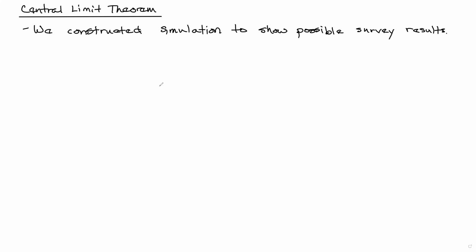And when we took all of the different possibilities that we got from our simulation and compiled them together, we ended up with something that looked like a probability distribution.